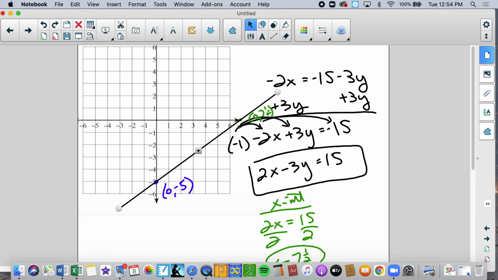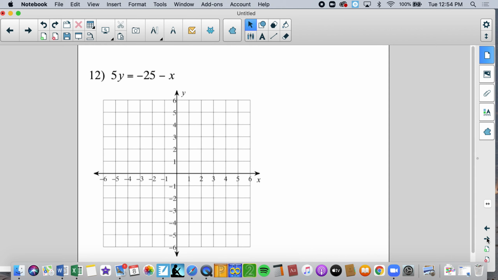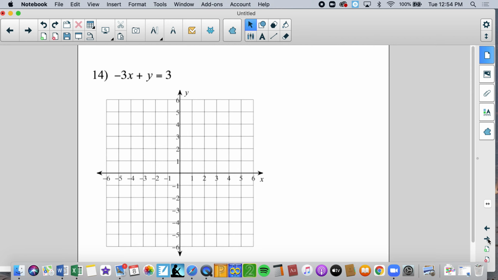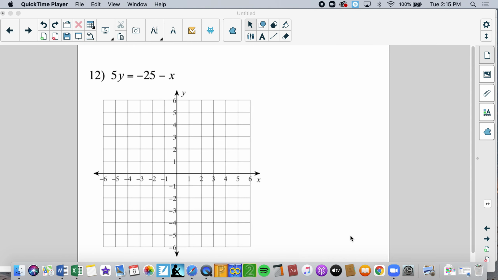You'll notice that these last problems, hold on, let's go to the next one. These last problems are not in slope-intercept form or standard form, so you have to put them in standard form. That's actually close to standard form. We can't have a -a, and so on. Number 12, again, we have to get it in standard form.